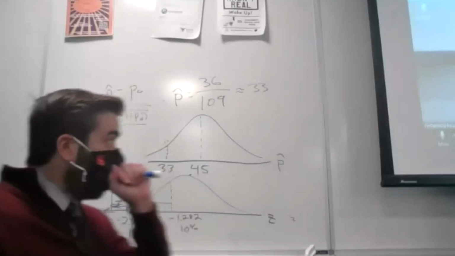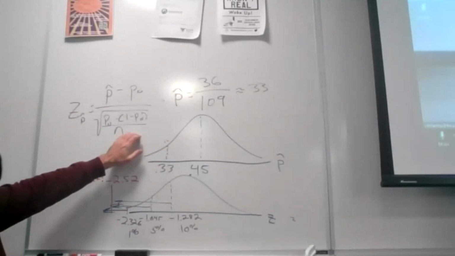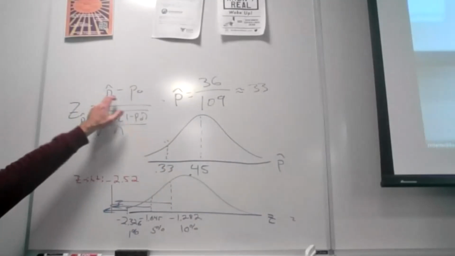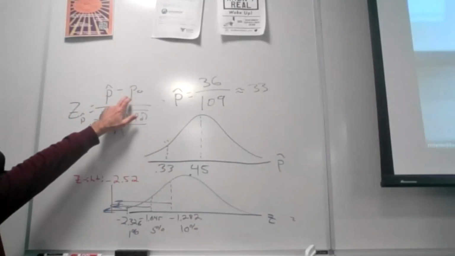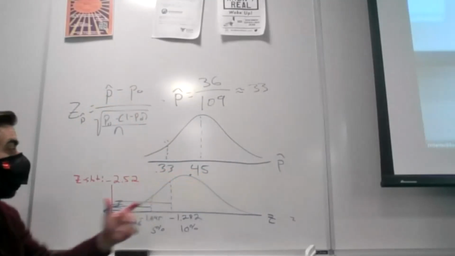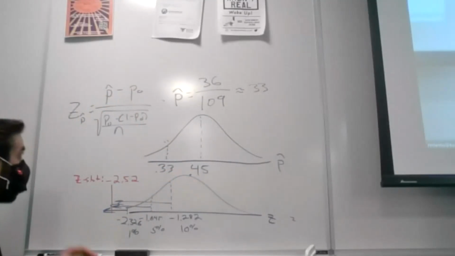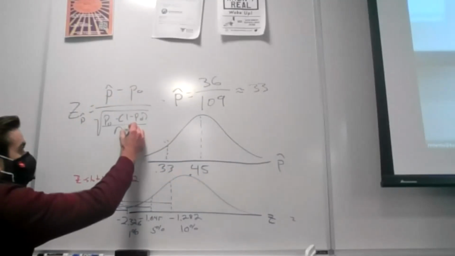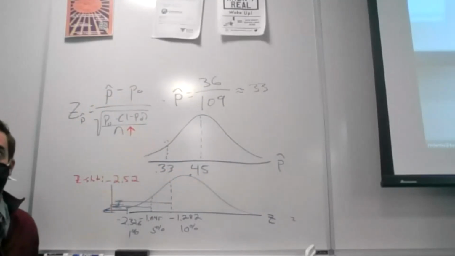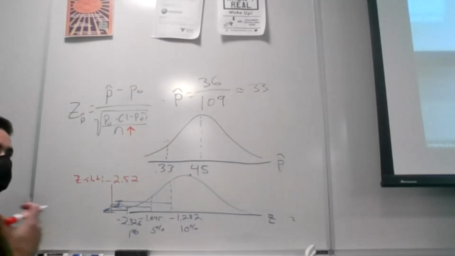So when I think about what changes in this equation, I'm going to have the same sample proportion, same assumed true proportion. When I draw this out, it's going to look exactly the same. The only thing that's going to change is my sample size is now much larger. Now, we talked about this a little bit last class, but I really want to hammer this home because I could ask you questions that relate to this on the exam, right?